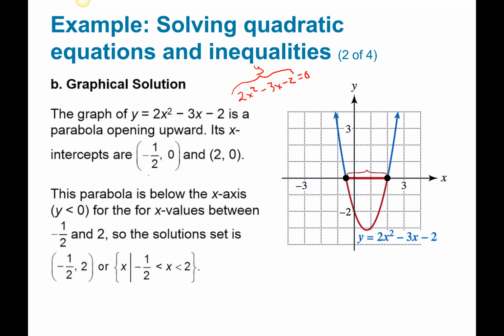There are two places where y is 0. One of them is when x is negative 1/2, and the other one is when x is positive 2.